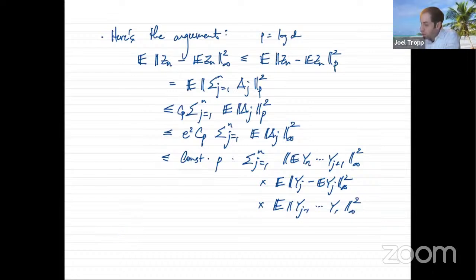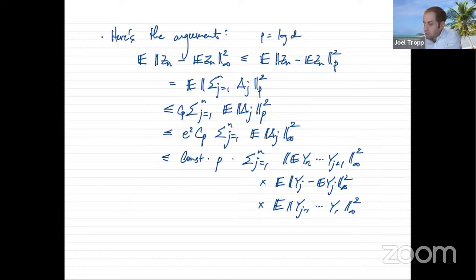And so again, this is the same interpretation that we discussed before. The first term here is how much we anticipate that the product is going to grow in the future at time j. This term is a reflection of how much the factors Yj deviate from their means. And this last term is the typical size of the random product after j minus 1 steps.